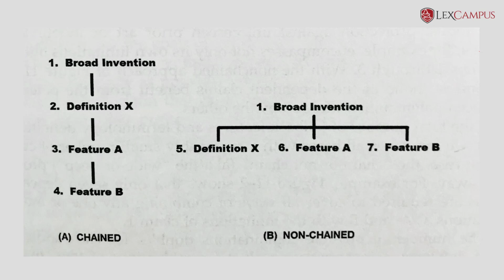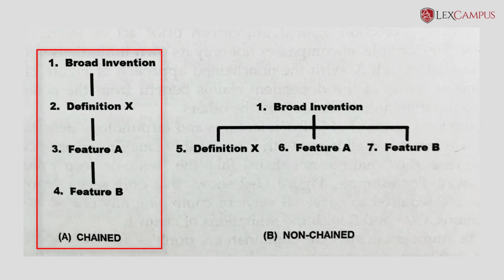One is what we call the chained format and the non-chained format. In the chained format, the first claim will have the broad invention followed by a definition of element X and then by a feature A which you want to introduce, that will be in the claim 3, and claim 4 can introduce the feature B.